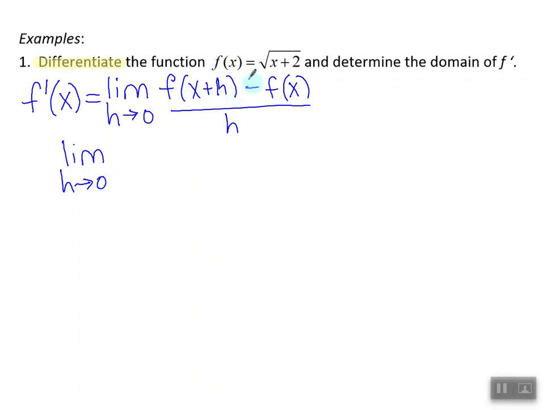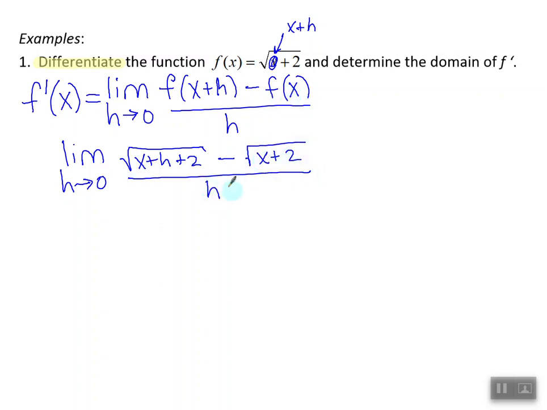F of x plus h means where the x is in our function, we're plugging in x plus h. So that becomes the square root of x plus h plus 2, minus f of x just how it is, which is square root of x plus 2, and then all divided by h.